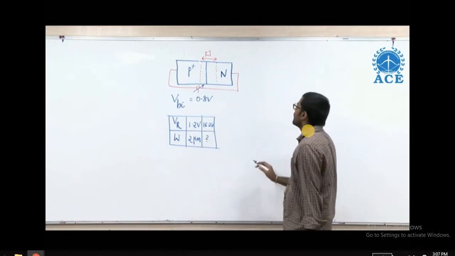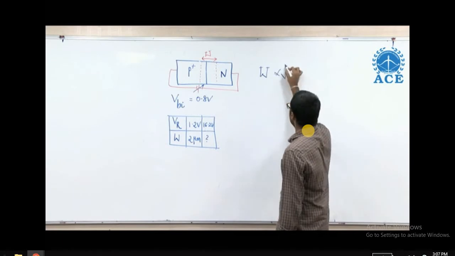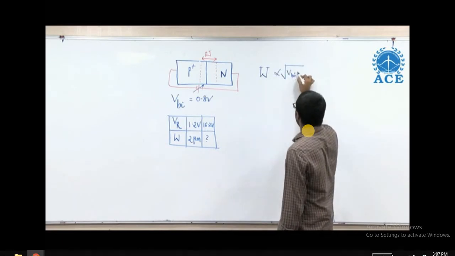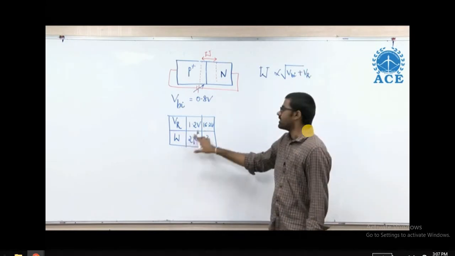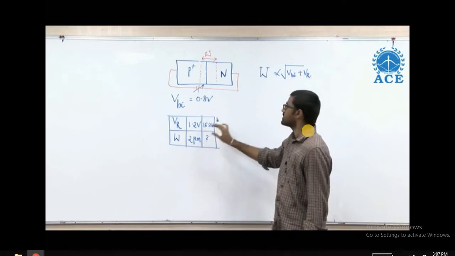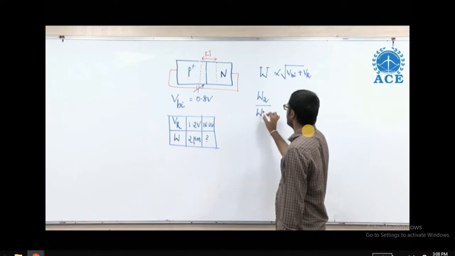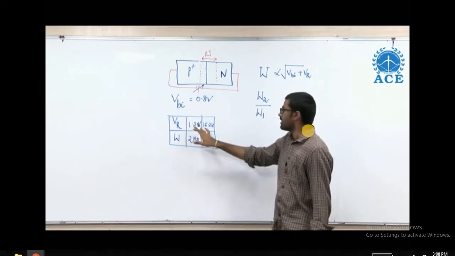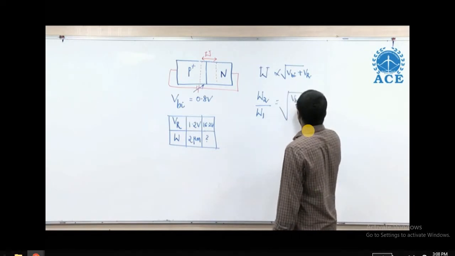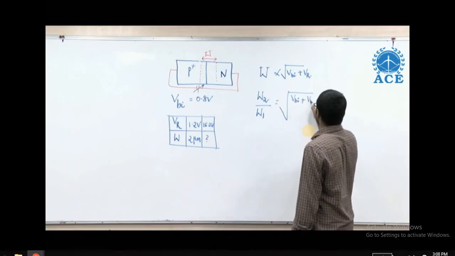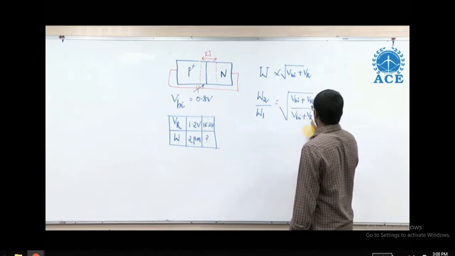And also we know the width of depletion region is directly proportional to the square root of built-in potential plus applied reverse bias voltage. For the second case, that is, if we apply the reverse bias as 16.2 volts, let me denote it as W2, relative to the first case, that is at reverse bias voltage of 1.2 volts, can be written as square root of VBI plus VR2 divided by VBI plus VR1.